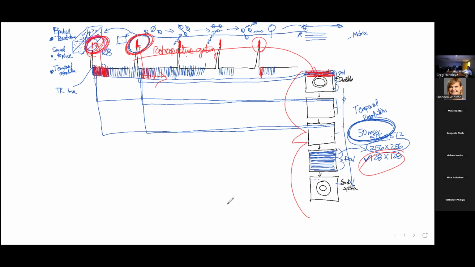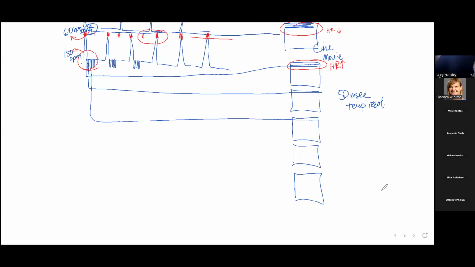Let's go to the next slide. Because we compensate for that by acquiring information much more quickly, like with a heart rate of 100, 120, 150 beats per minute. So you're adjusting the case-based segmentation with a regular heart rate based on what the heart rate is.